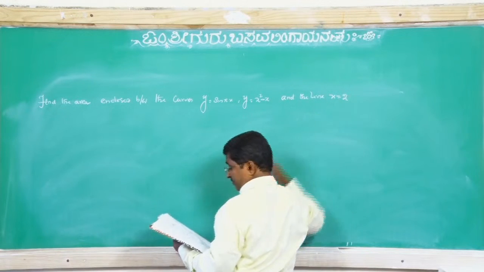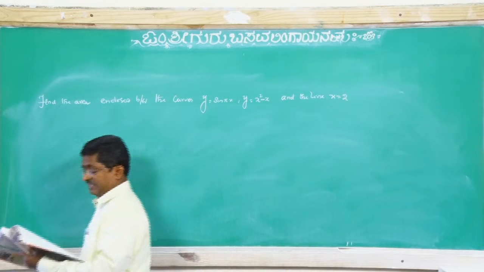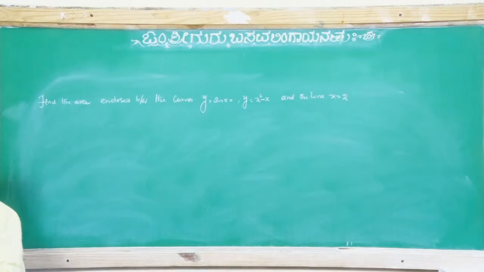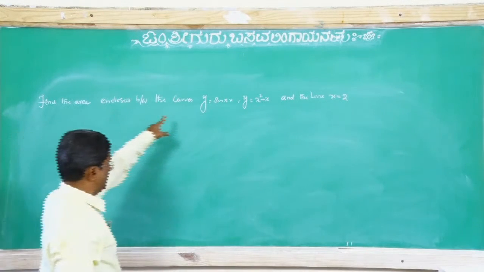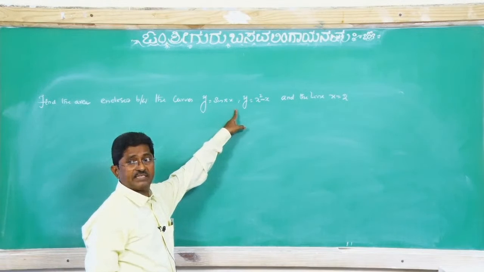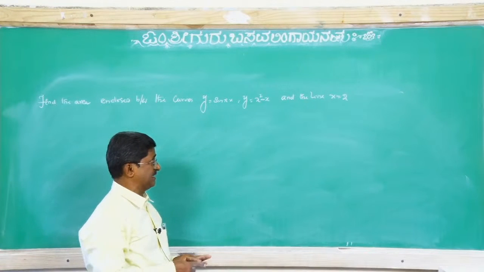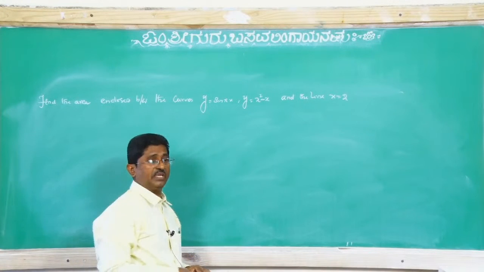Can all of you see? Okay. Find the area enclosed between the curves y is equal to sin pi x and y is equal to x square minus x between the lines x is equal to 0 and x is equal to 2.